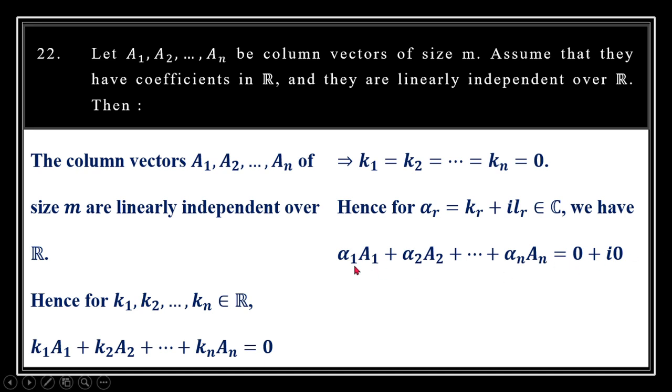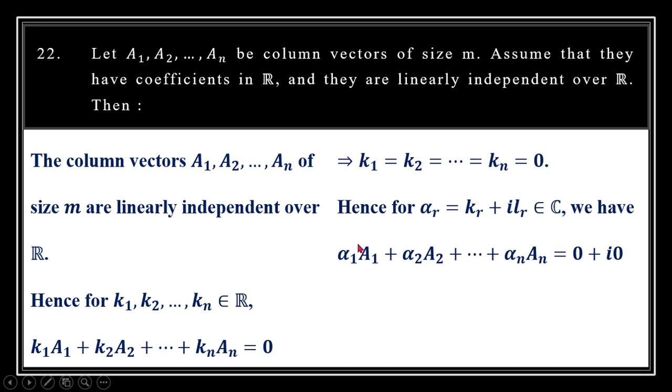This implies you can replace alpha 1 by k1 plus i l1, alpha 2 by k2 plus i l2, ..., alpha n equal to kn plus i ln, and after solving the brackets we get alpha 1 a1 equal to k1 a1 plus i l1 a1. In this way we get the expansion k1 a1 plus i l1 a1 plus k2 a2 plus i l2 a2 plus ... plus kn an plus i ln an is equal to 0 plus i0.